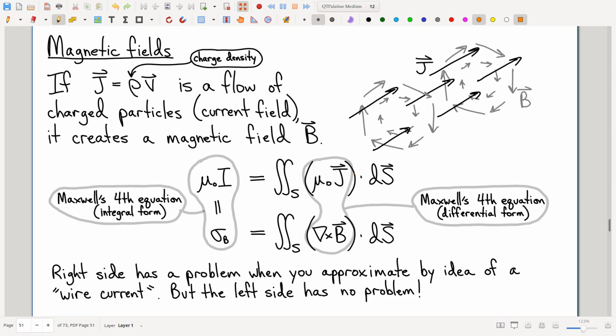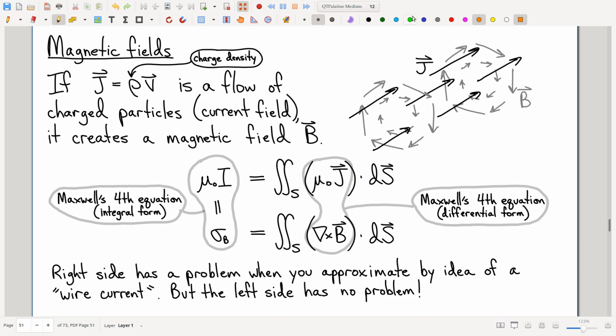Instead of two-dimensional integrals on the left, it's kind of one-dimensional integrals. Keep in mind, circulation is a one-dimensional integral. So it's different in that dimensional sense, but strategically very, very similar.